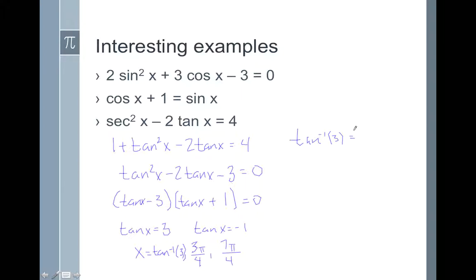I'm in degree mode right now. So if I did tangent inverse of 3, I get 71.57 degrees. Or if I did it in radians, so you'd actually have to change your mode, I get 1.25 radians. Don't write that as 5 fourths either, because that is a rounded number.